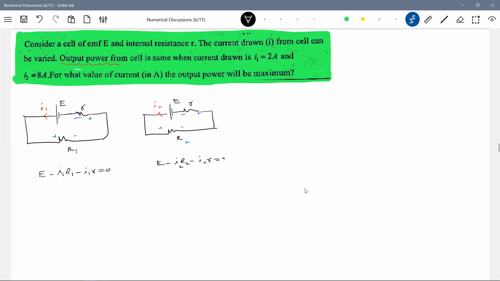Let me multiply by I1: E I1 minus I1 square R1 minus I1 square R equals 0. Here, E I2 minus I2 square R2 minus I2 square R equals 0. It's telling that the output power will be the same in both cases. So what is the output power? The output power means I square R1, P out, I'll write it.